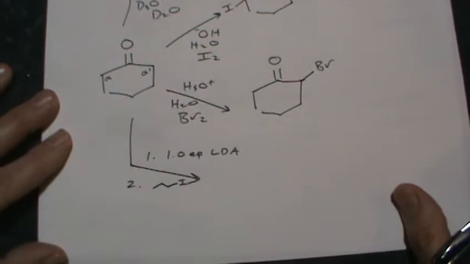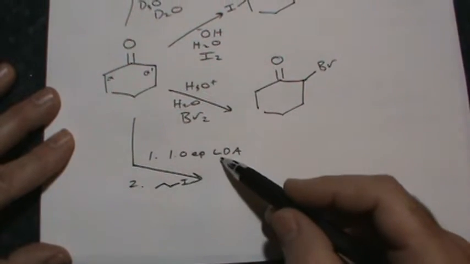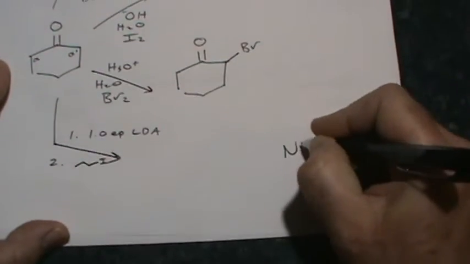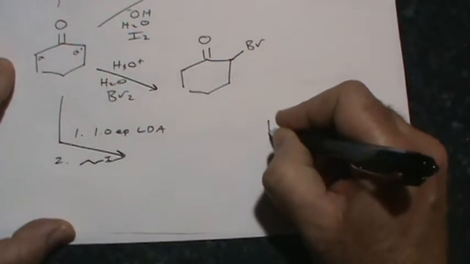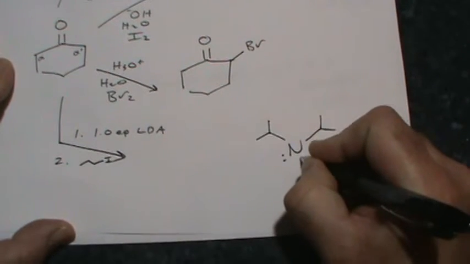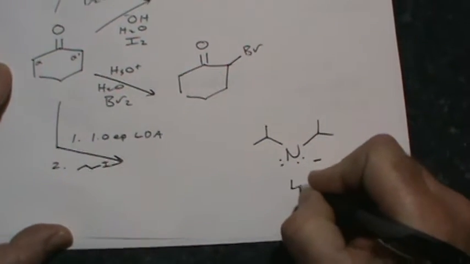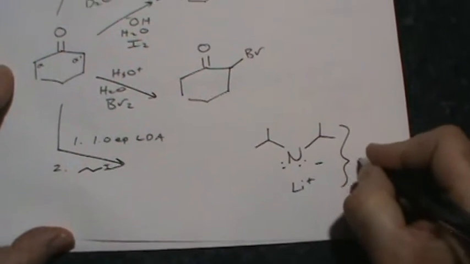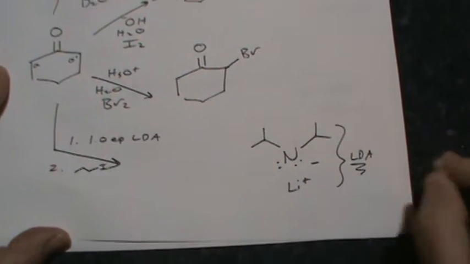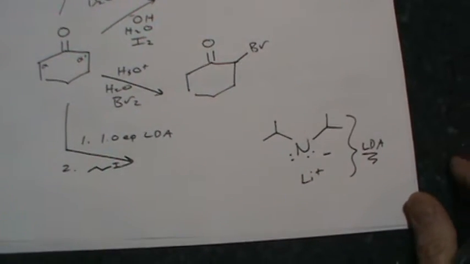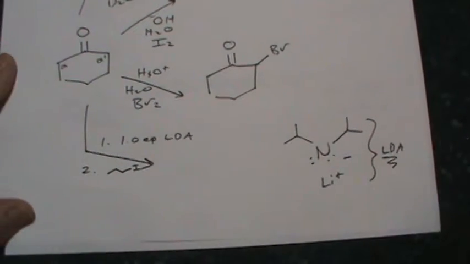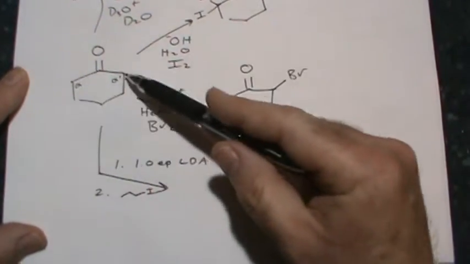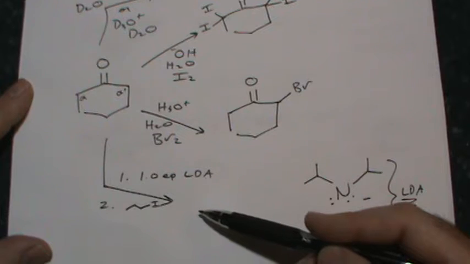In order to alkylate, we've discussed the need for the strong base LDA, lithium diisopropylamide. This is such a strong base that we can take off one proton off of an alpha carbon, either alpha or alpha prime, basically quantitatively.